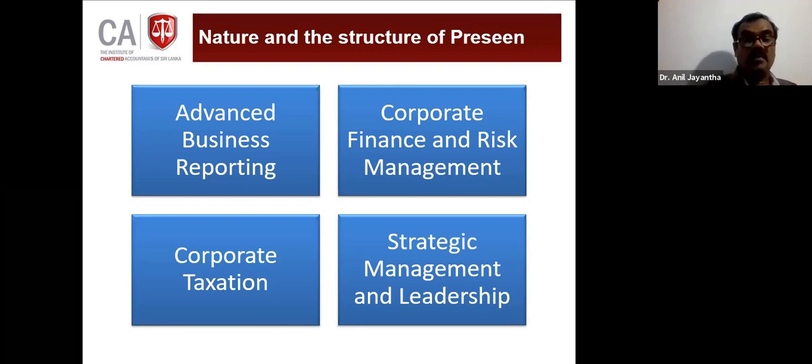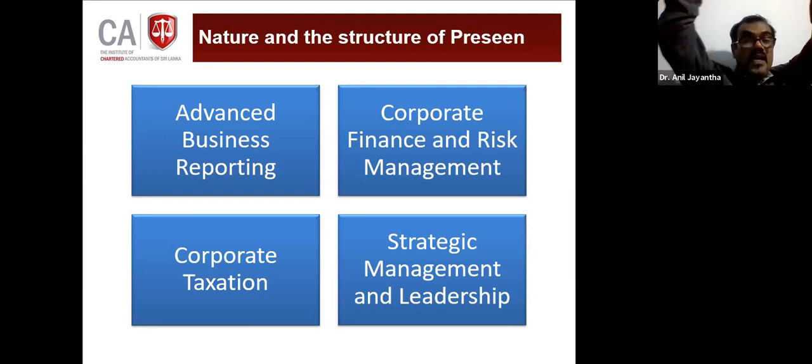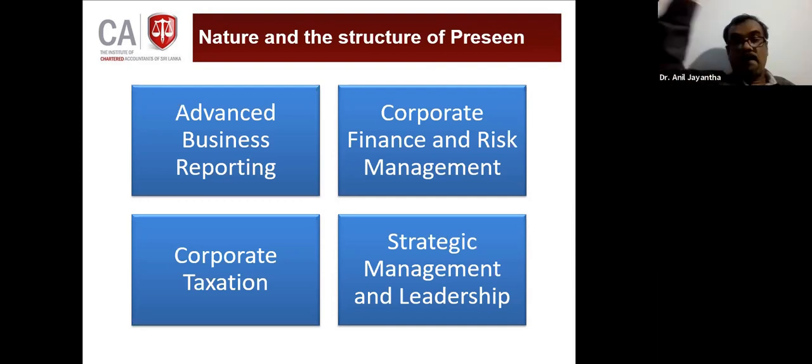Finally, strategic management and leadership, it is really from a very, very broader perspective. These three areas are very specific areas, but strategic management covers all those three plus some other things as well. That is the beauty. Strategic management covers everything. It's a big umbrella. It takes into account these three aspects plus other aspects that you have learned in prior stages.